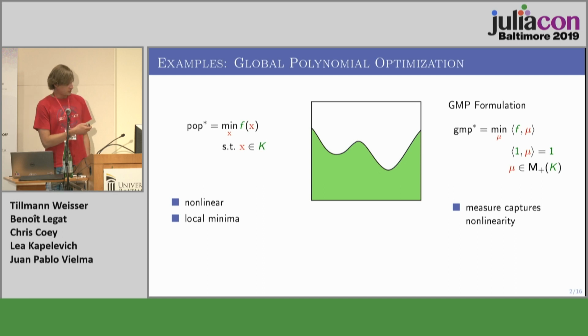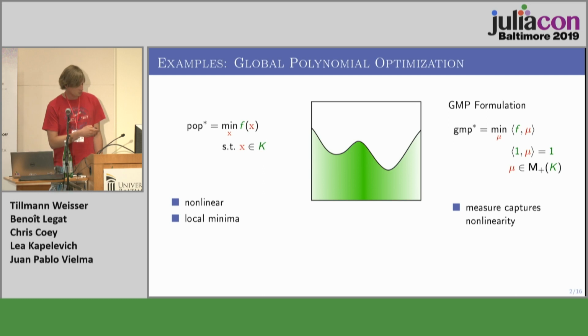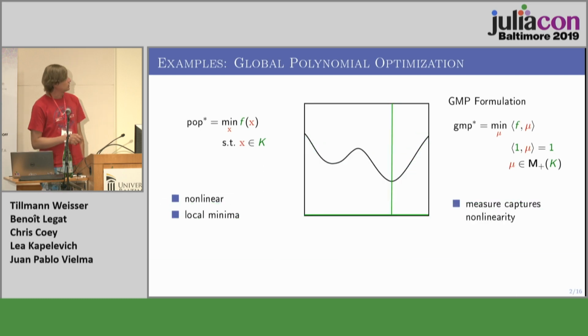This might not give the optimal value. What you can do is add some density, so you give more weight in the middle and less weight on the boundaries. This might help. Or the optimal thing to do is to integrate with respect to a Dirac measure.